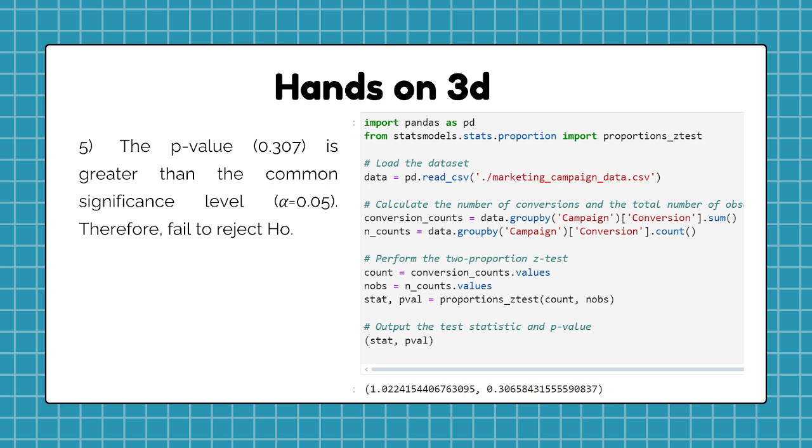By default, the common significance level is 0.05 or 5%. Comparing the p-value with alpha, of course 0.307 is greater, am I right? Because this p-value is greater than the significance level alpha, we accept the null hypothesis. That means we are not going to reject the null hypothesis.